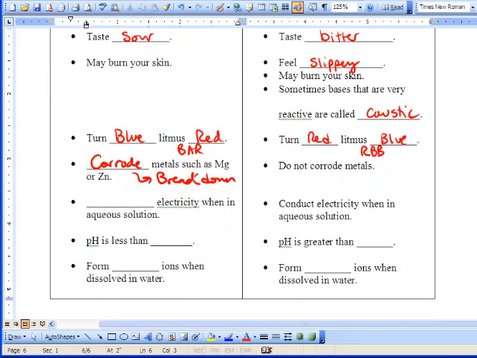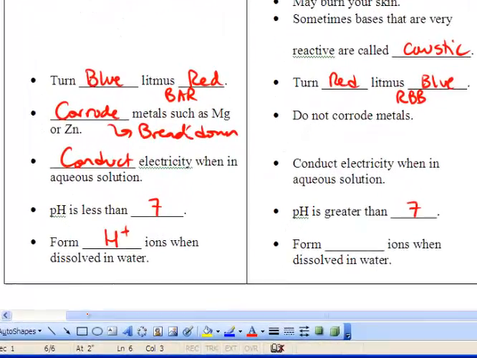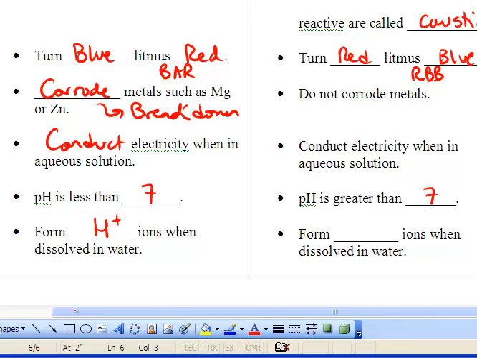So corrodes means break down. They both conduct electricity when they're in an aqueous solution, so that means when they're both dissolved. The pH for an acid is less than 7, and a pH for a base is greater than 7. And finally, acids form H plus ions when dissolved in water, whereas bases produce OH negative ions.